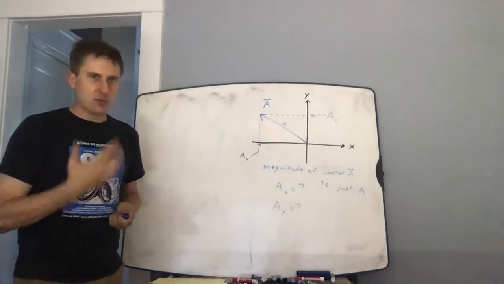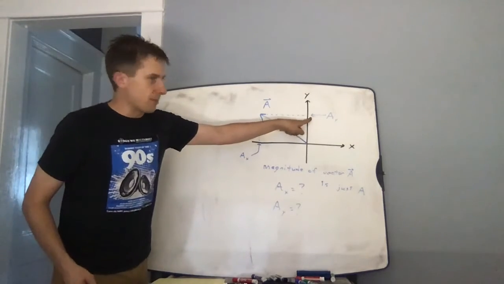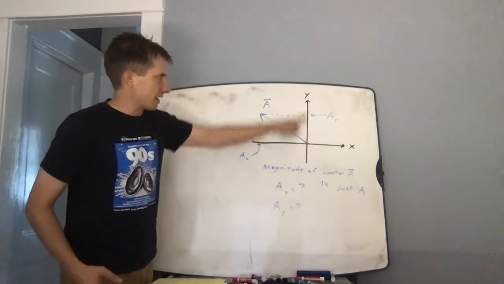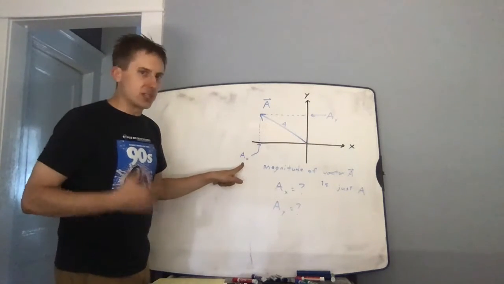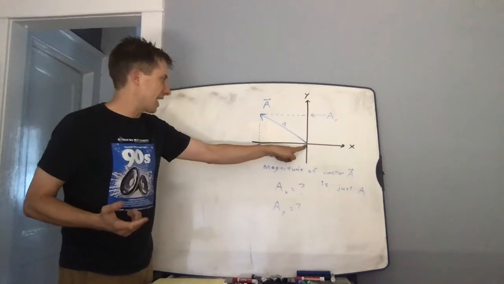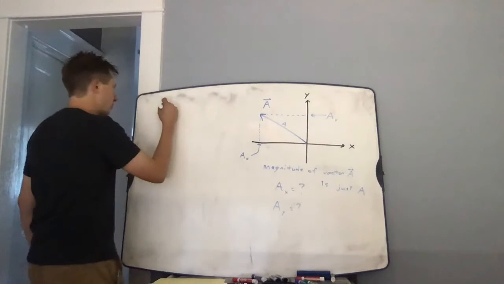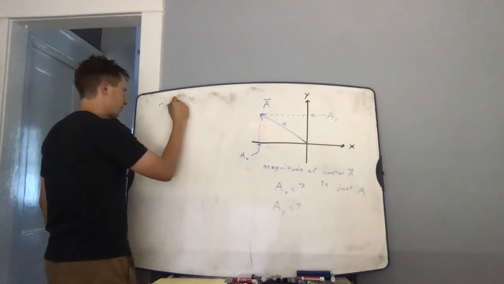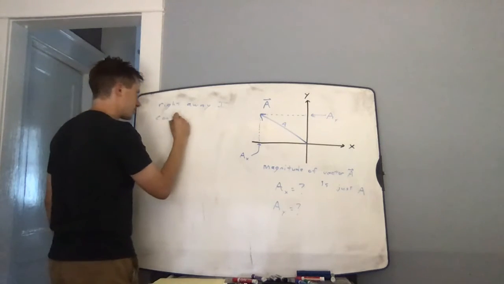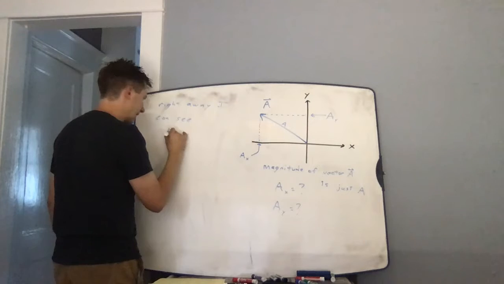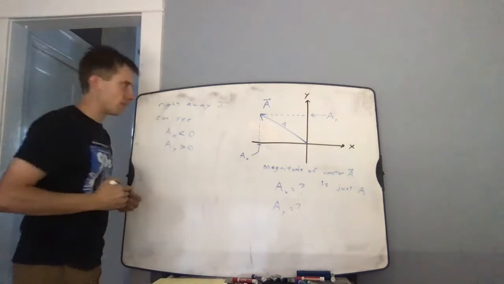Just looking at where these pictures have been drawn, AY is going to be a positive number because AY is above y equals 0, but AX is going to be a negative number because AX is to the left of x equals 0. So right away I can see AX is less than 0, but AY is greater than 0.